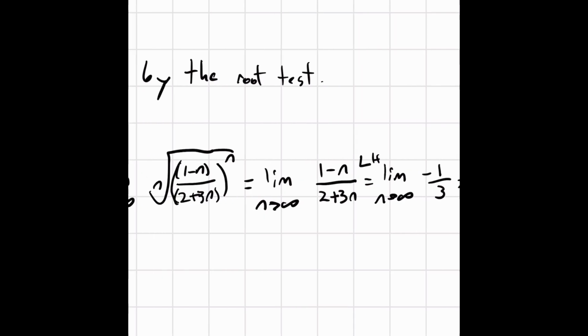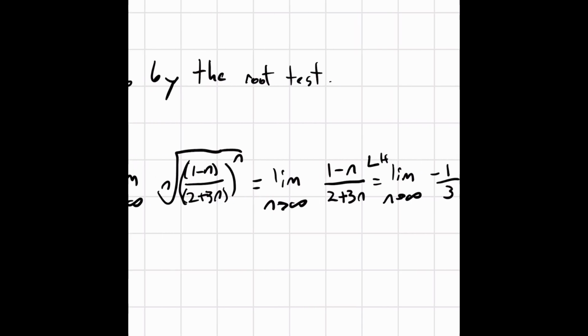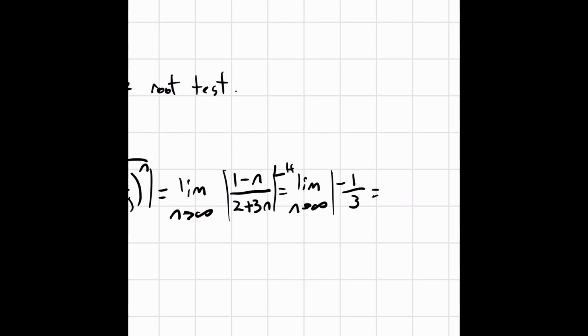But we're meant to take the absolute value here. So you see a number like negative 1/3, that means, oh, you were meant to slap on the absolute value all the way at the start. So it's going to look like that. And what's that limit as n goes to infinity of the absolute value, 1/3? Just 1/3. And we ask, is that less than 1? Yes.